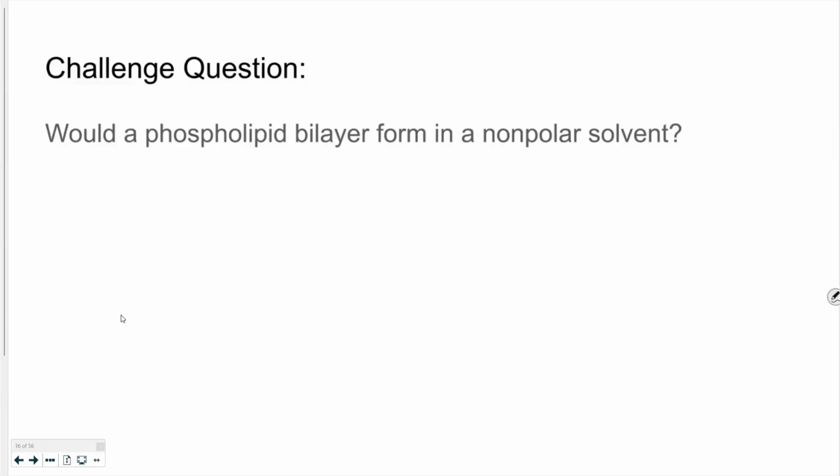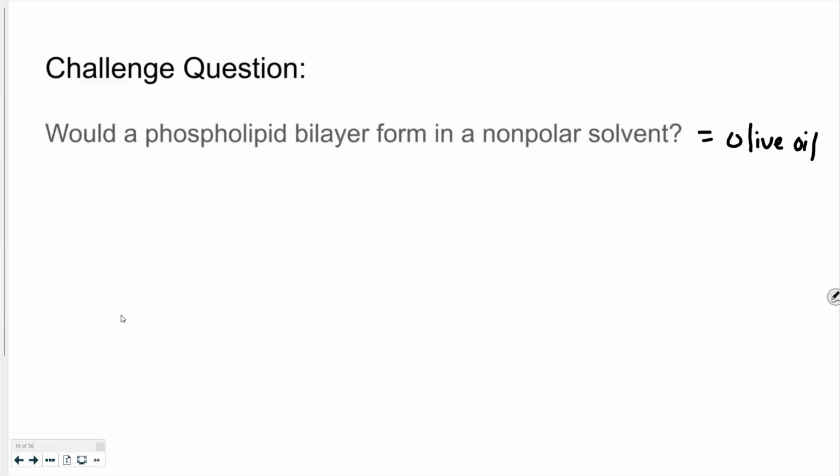So could we make, let's just say, for example, olive oil, just because that's something that we're familiar with. If we take a whole bunch of phospholipid molecules, chuck them in some olive oil, will we see the same formation of this plasma membrane bilayer that we see when we put them in water, which is a polar solvent?